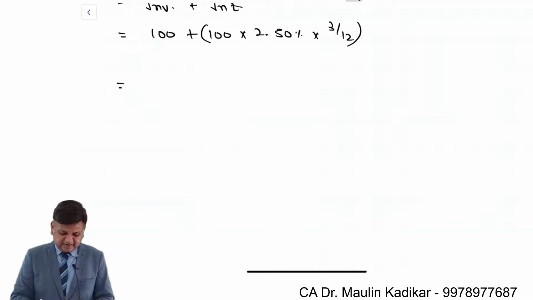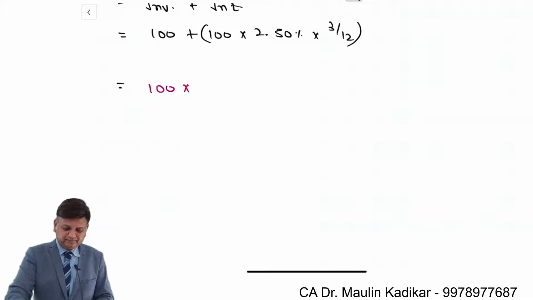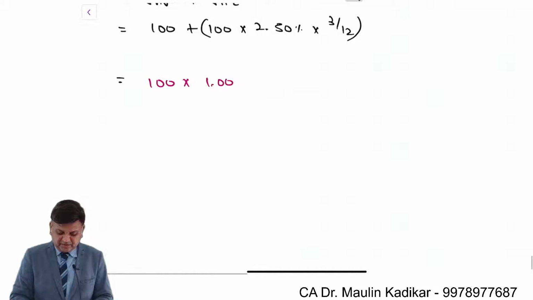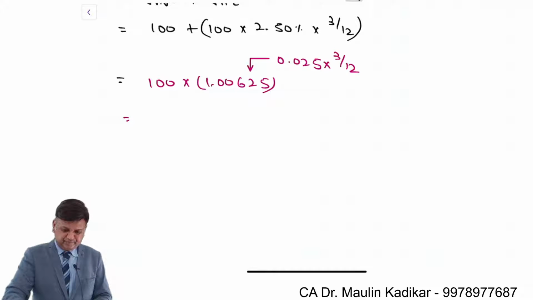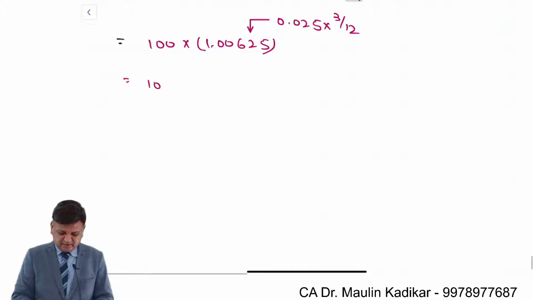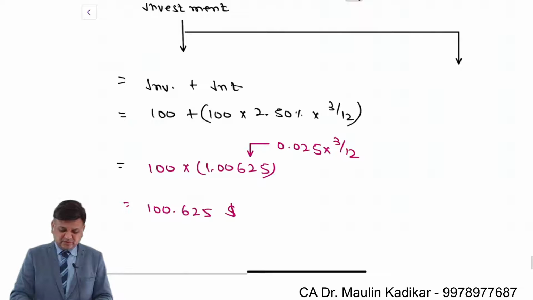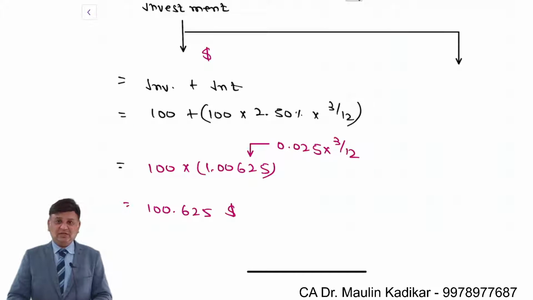We can simplify the value like this: 100 into 1.00625, since 0.025 into 3 divided by 12 is 0.625 percentage. So $100.625 is the maturity amount of the deposit if you invest in dollar currency.